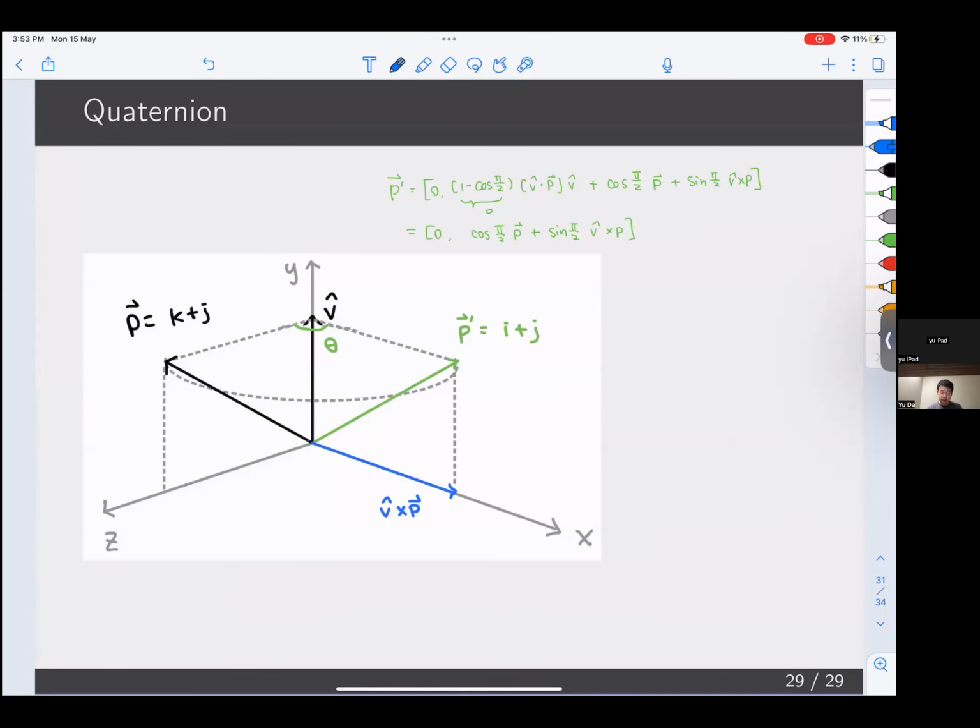So V is the unit quaternion, and P here is the vector we had before. Similarly, in the result we have the V cross P part here, which is perpendicular to both V and P, and we also have the P part.